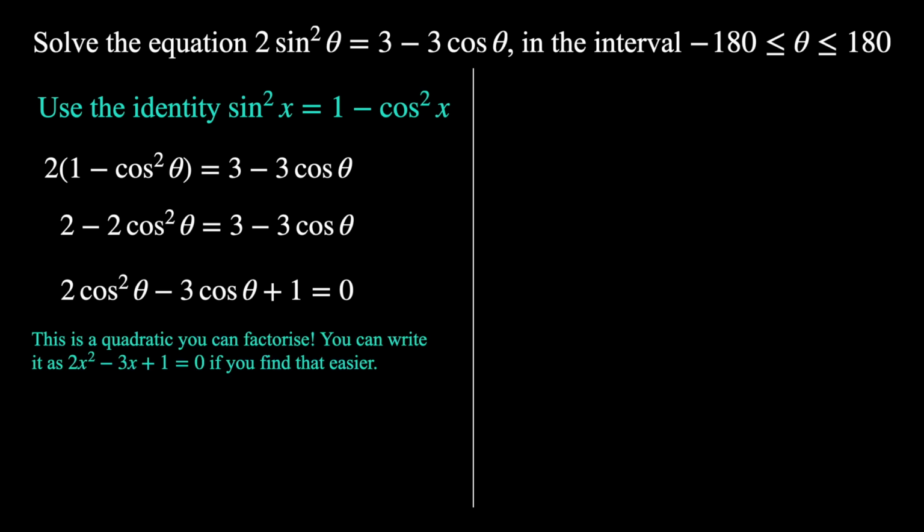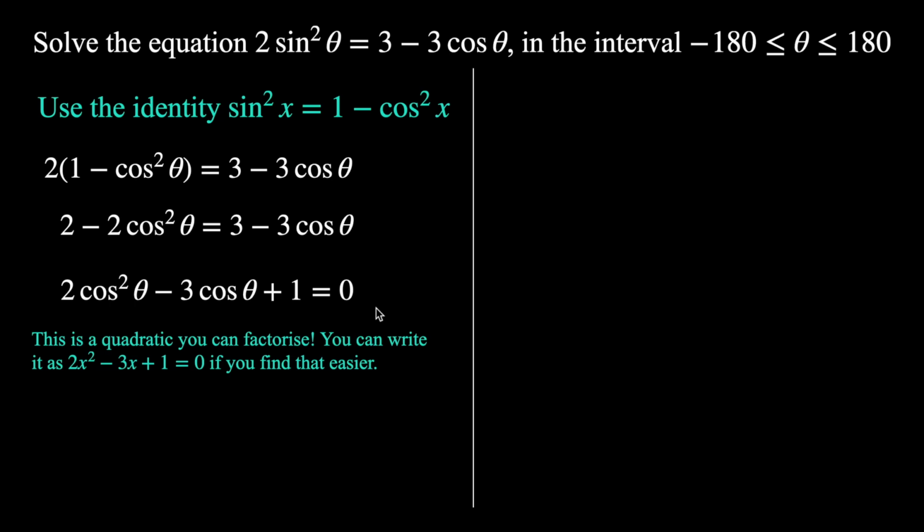If you find it easy, you can write it as 2x squared take 3x plus 1 equals 0. So instead of writing cosine squared theta, just write x squared. And look at this equation. Can you factorize this? Are there factors of 1 and 2 that make negative 3? Well, if we make them both negative, then we can have that positive 1 and negative 3 in the middle term as well.